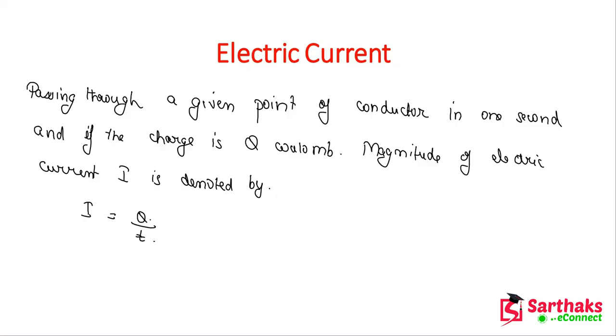The amount of charge is Q coulomb that is flowing per unit time, and it is called current.